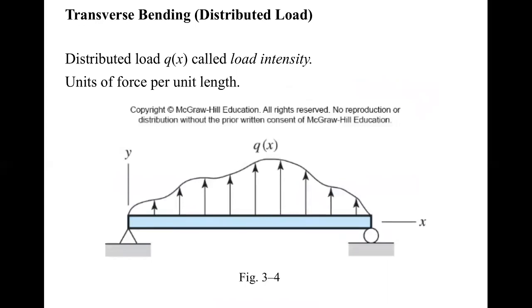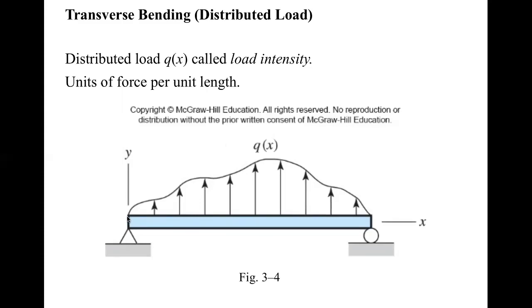This is a different type of transverse loading. In this case, we have distributed load. Usually distributed load is a little bit harder compared to concentrated loads. In order to describe distributed loads, you have to define a load intensity. For example, we use Q. Q is a function of X. That means at a different location, load intensity is different.